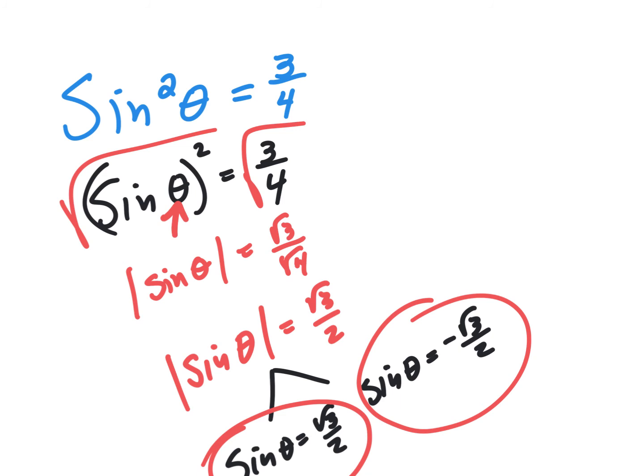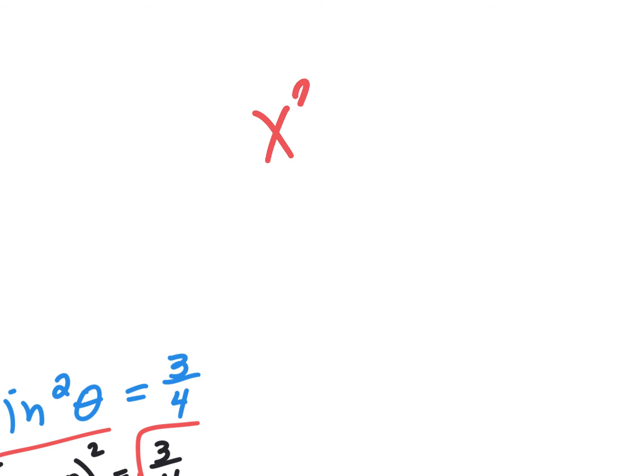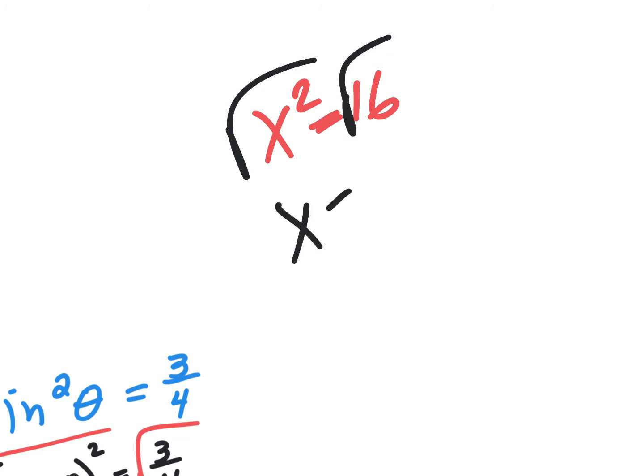If you ever take a square root of a variable, so here is the first time it ever happened to you. X squared equaled 16. And your teacher probably just glossed over it and then said x equals plus and minus 4. And then half the class thought that there was no absolute values, first of all, but there were.